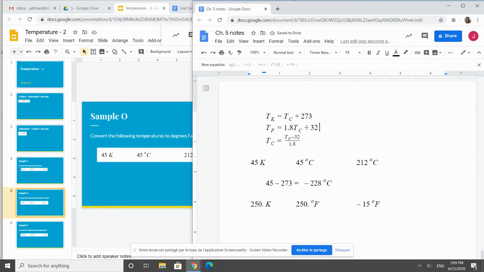Now I'm going to use my equation here that starts with TF and plug in negative 228. And for this, because 228 has 3 sig figs, I wanted my final answer to also have 3 sig figs, so I got negative 378 degrees Fahrenheit.